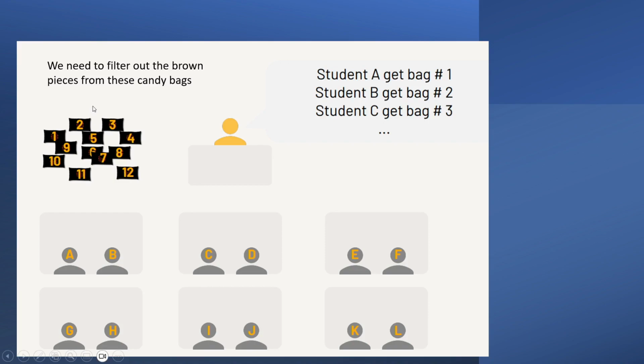The purpose here is to filter out the brown pieces from those candy bars. What does the teacher do? He assigns tasks to the students, of course. So student A gets bag 1, student B gets bag 2, student C gets bag 3. So we have 12 students and one teacher who assigns tasks to the students.